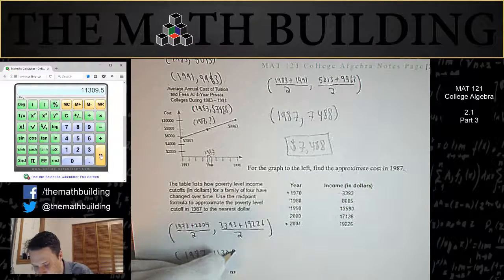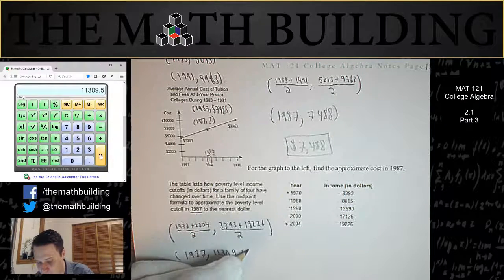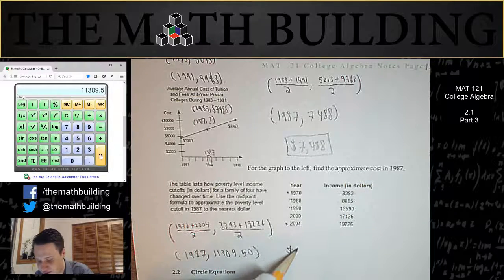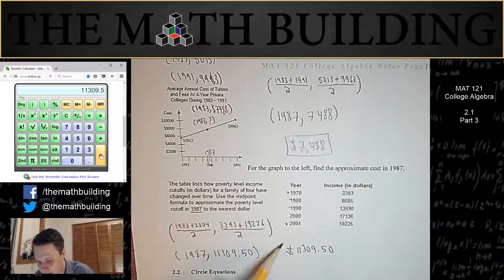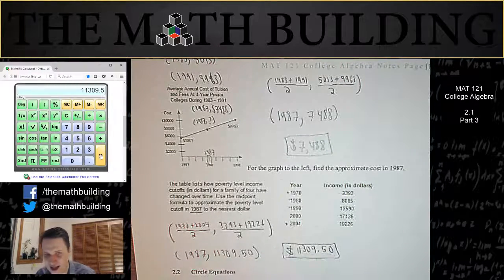And we're talking about money, so we should probably do 2 decimal points. So $11,309.50 would be the amount of money for the cutoff for the year 1987, approximately. So that would be your answer to that application problem.